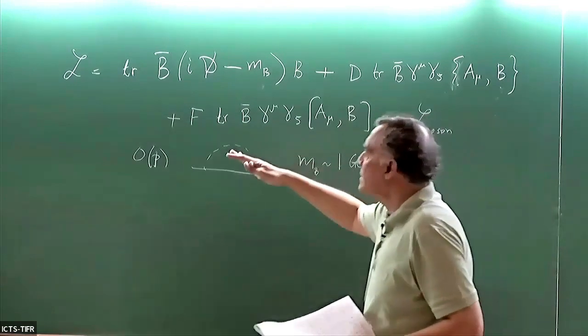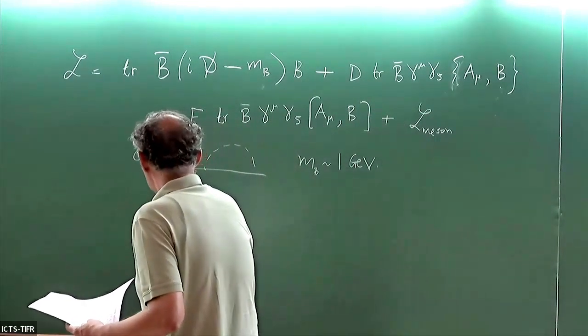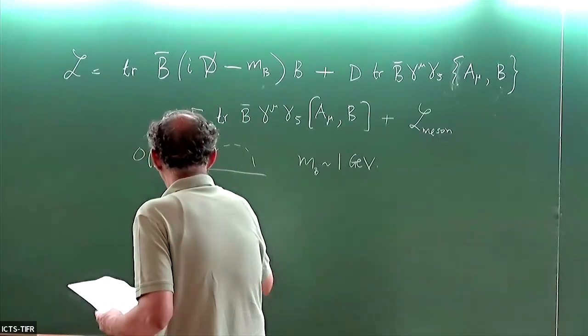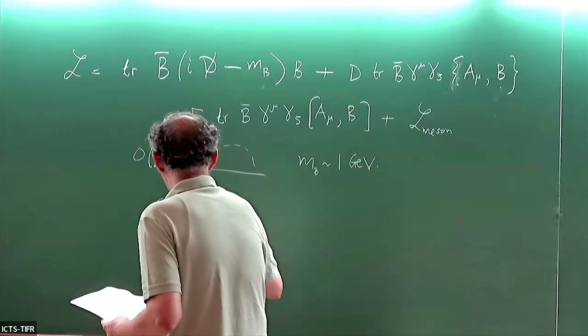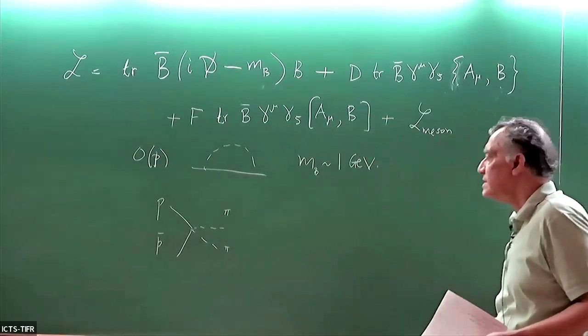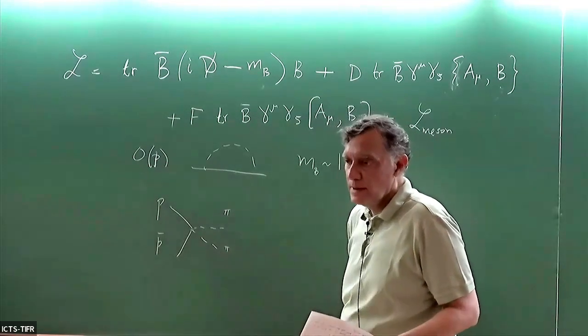However, what chiral perturbation theory can do... an example of that is if you did proton-proton annihilation, for example, to a whole bunch of pions, that is not something you can calculate reliably in chiral perturbation theory, because 2 GeV of energy is being transferred to the pions.